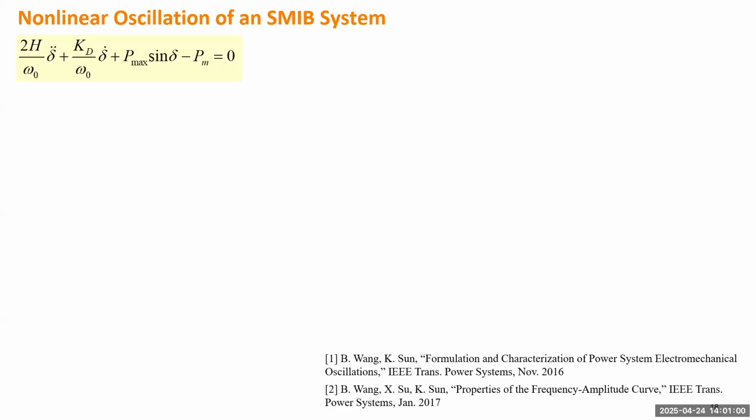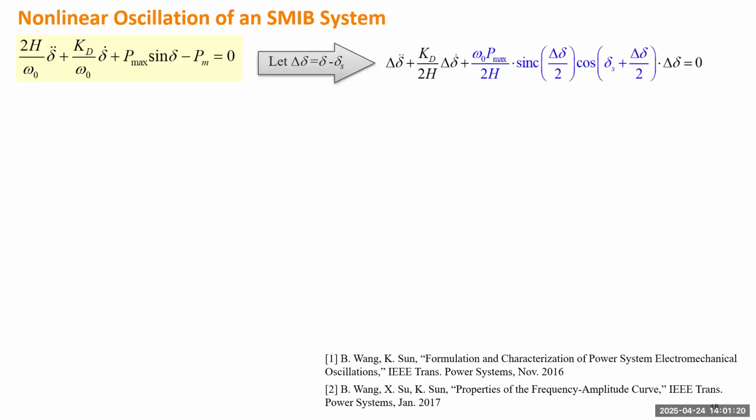So before I move on, let me quickly give you an explanation. What does this curve look like? This is the nonlinear equation for the single machine infinite bus system if we only keep the angle as the state variable. So it's a second order nonlinear differential equation. If we consider the deviation from the equilibrium point, we transform the equation to this form.